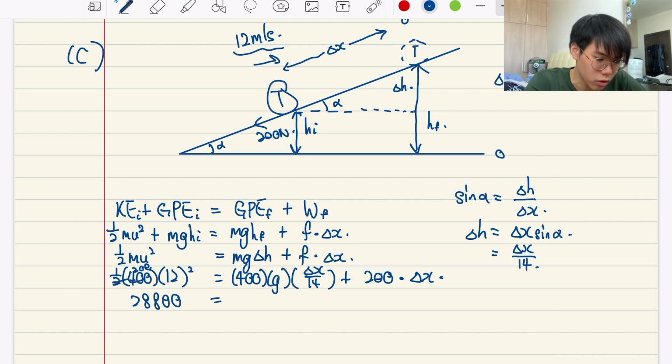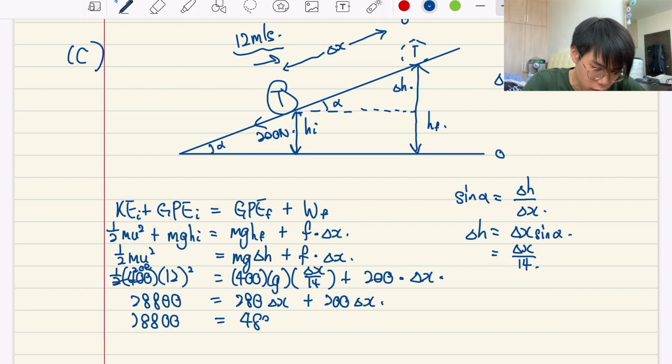So 400 times 1.8 divided by 14, 80x plus 200x, gives 480x. So we know it moved 60 meters.